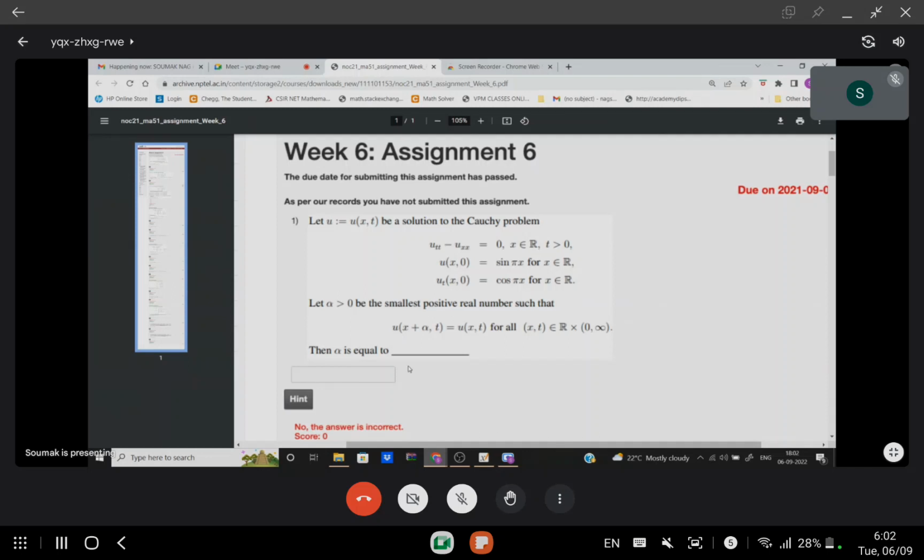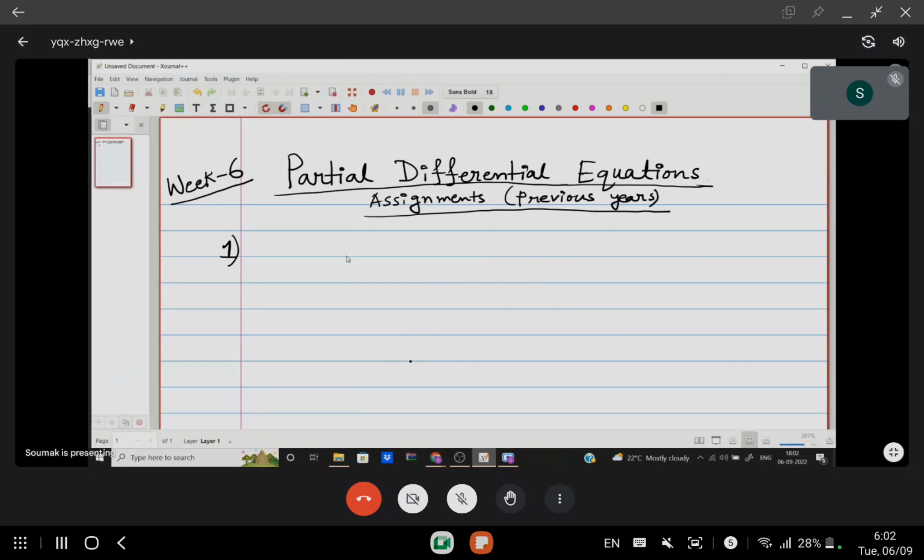Let me first write the equation and then I will tell you how I'll solve the problem. The equation is u_tt minus u_xx equal to 0, where x is in R and t is positive.